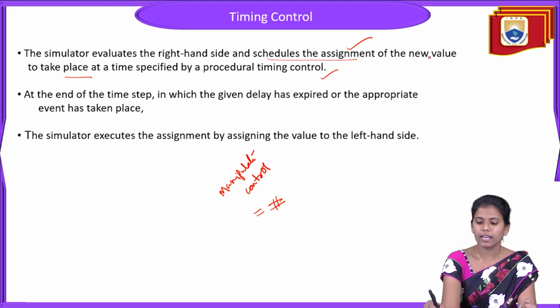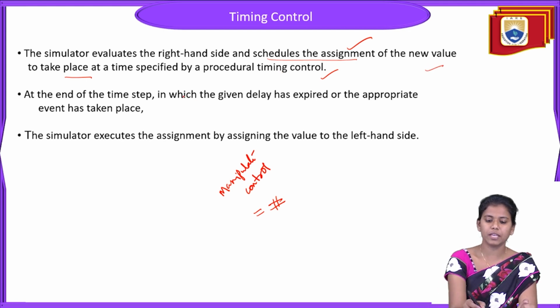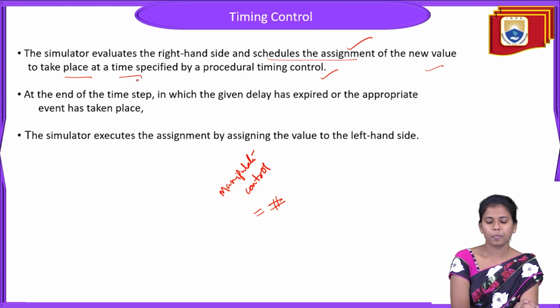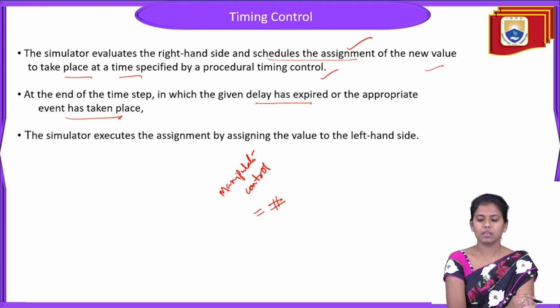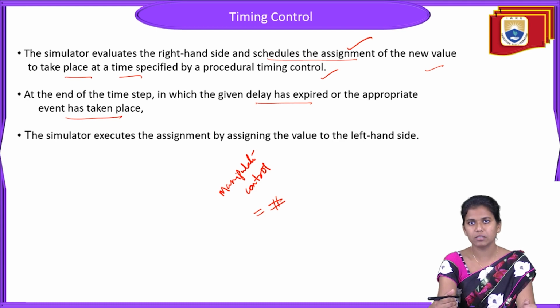So we can schedule the new values to take place at the time specified. And at the end of the time step, when the delay has expired, the appropriate event takes place. So when the delay completes its task, we see the other events taking place.